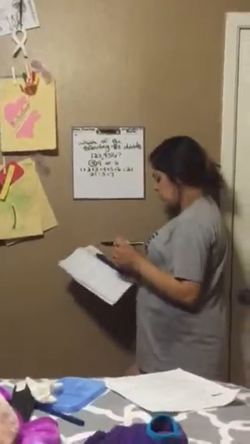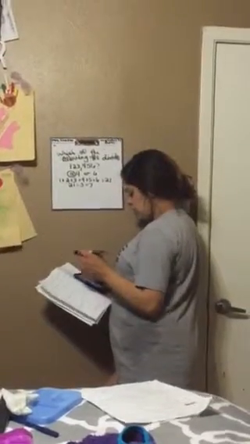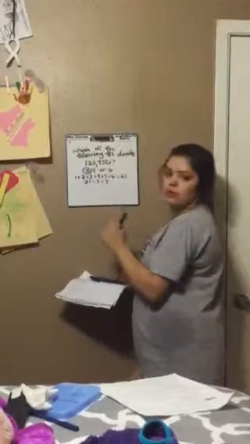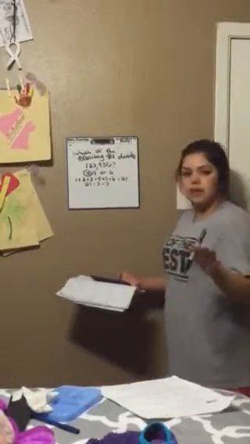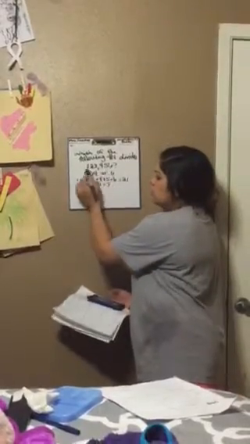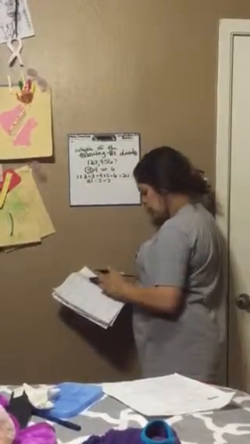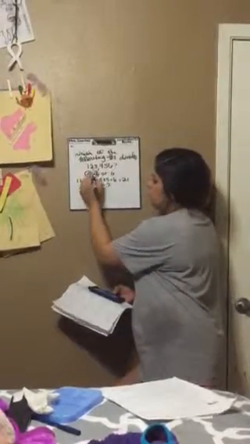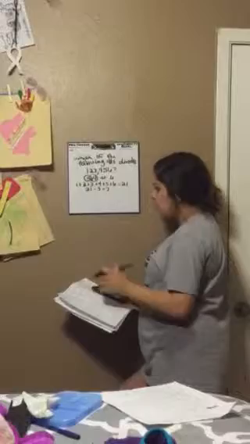Okay, so next we go to 4. Can the number be divisible by 4? And 4 is the same thing as divisible by 2. So here, it's an even number. So 4, it can be because it's an even number.